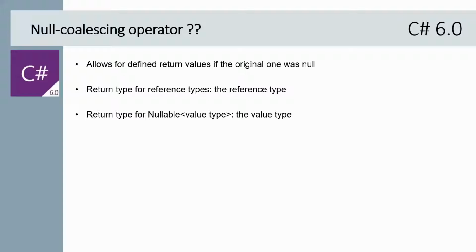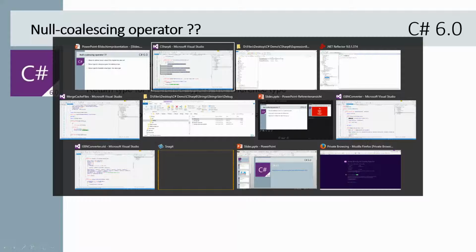So the null-coalescing operator executed on a nullable value type will return you the actual value type. Okay, let me demonstrate what that means.